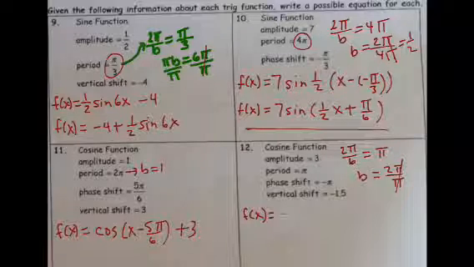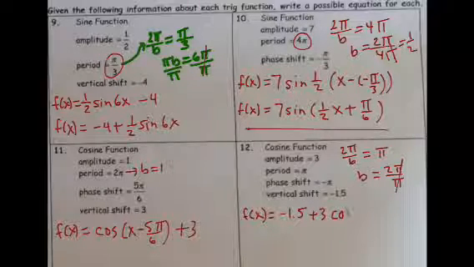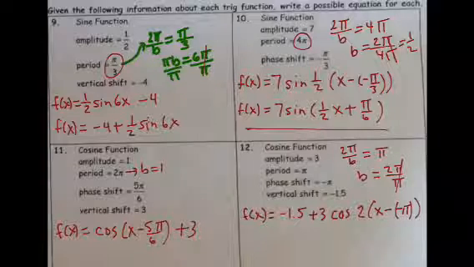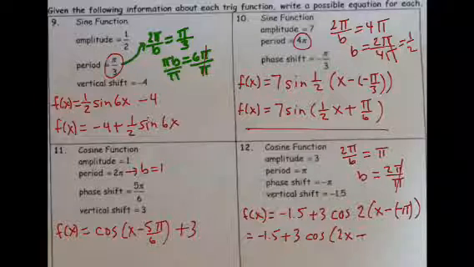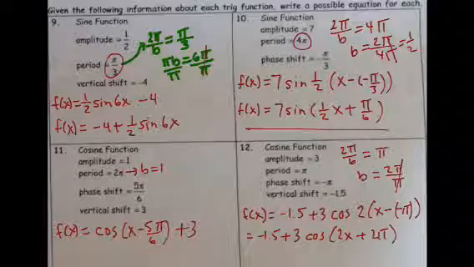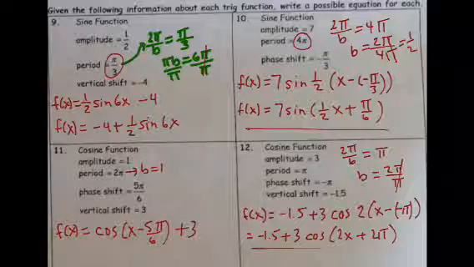And then amplitude is 3 cosine 2 for b, x minus a negative pi. Okay, so we distribute the 2, so we get negative 1.5 plus 3 cosine 2x plus 2 pi. Okay, and there's the equation.